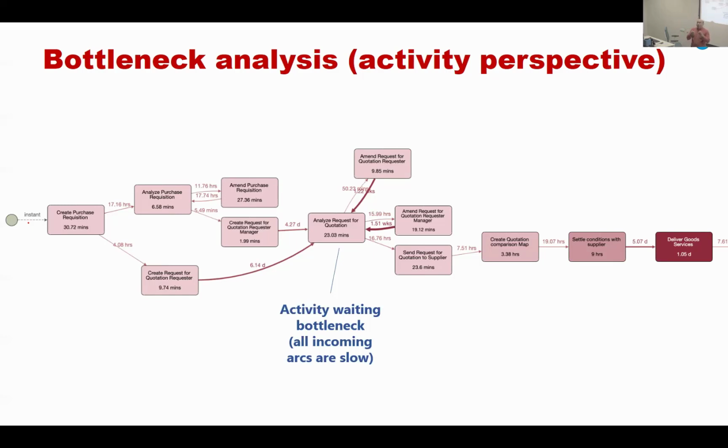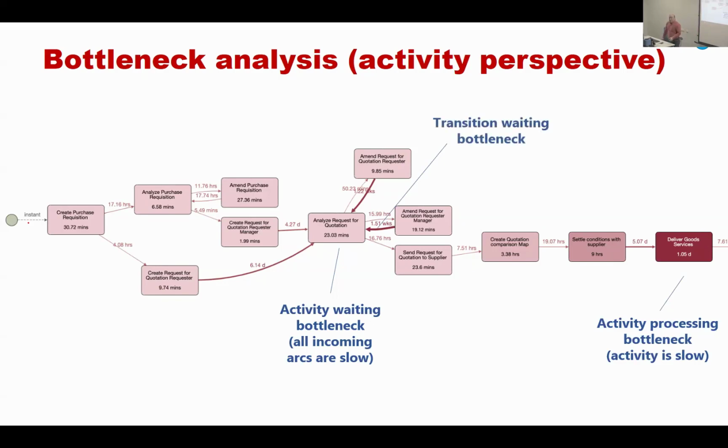So when you do bottleneck analysis, the first thing you want is to find that activity that has the largest waiting times leading to it. The second thing you will try to find is those activities that take the largest amount of processing time. So let me show it to you in the tool.